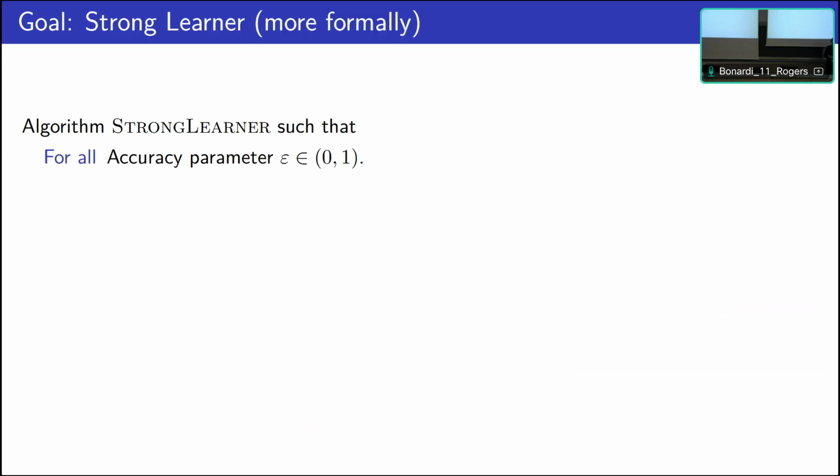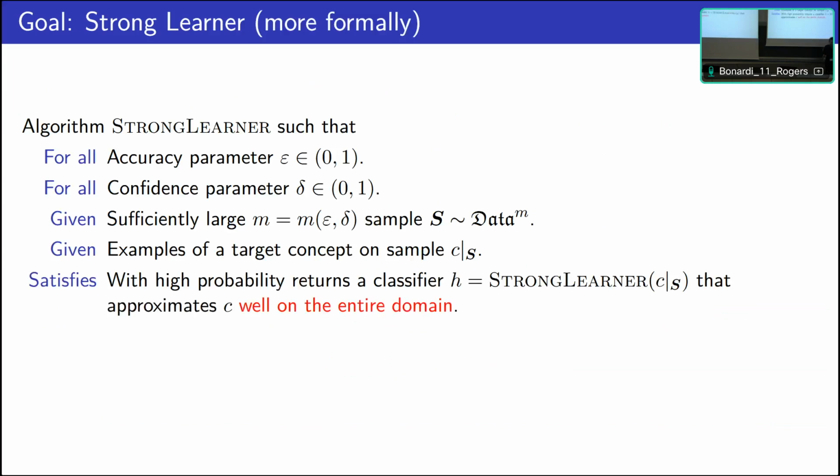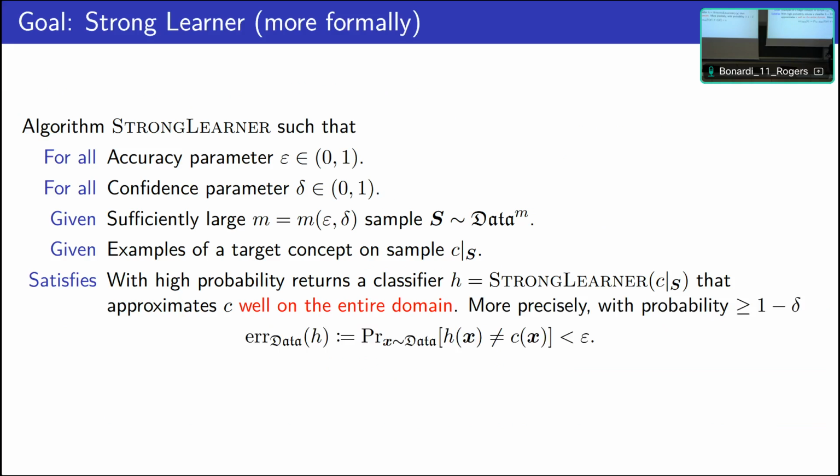We have given accuracy and confidence parameters and given sufficiently many examples labeled by a target concept, we have that with high probability the produced classifier approximates C on the entire domain. Or more formally, with probability at least 1 minus delta, the probability of the classifier making a mistake on a new sample from the data distribution is at most epsilon.